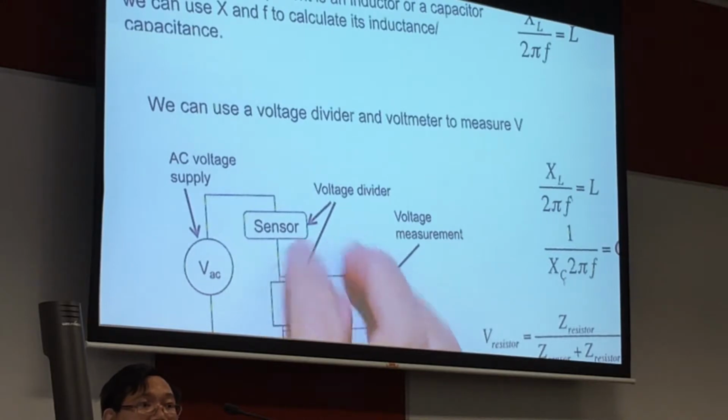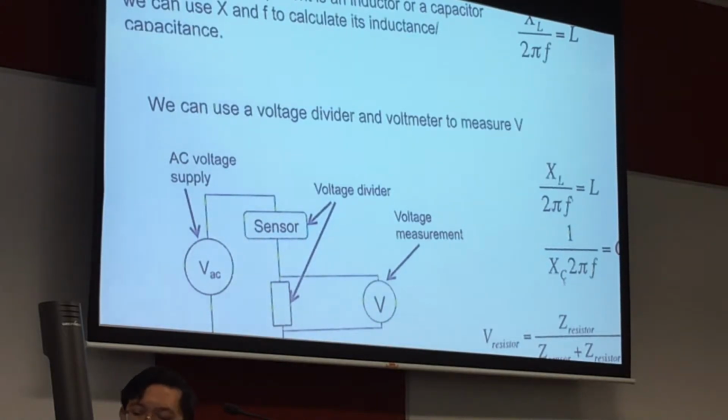If this impedance increases, the current in the whole circuit will decrease, then the voltage will decrease, right? Agree? Then what sensor is this? It's going to be inductive.